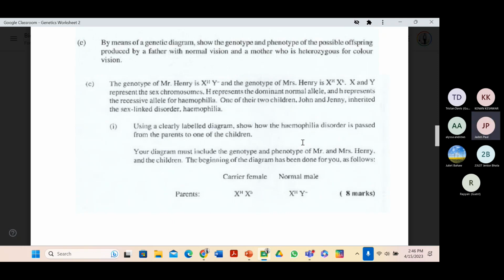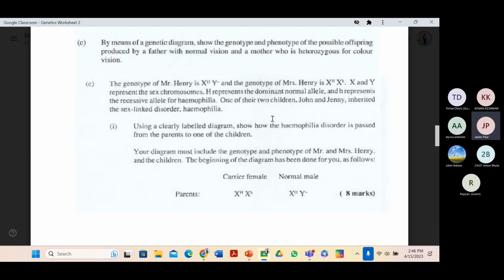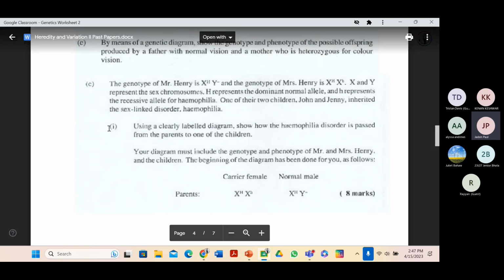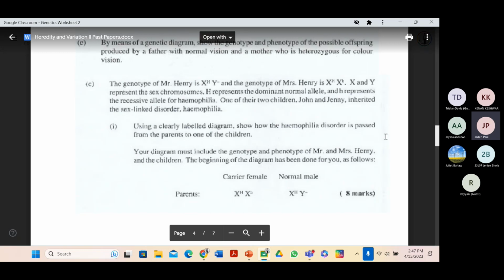H represents the dominant normal allele, and small h represents the recessive allele for hemophilia. One of their two children, John and Jenny, inherited the sex-linked disorder, hemophilia. Using a clearly labeled diagram, show how the hemophilia disorder is passed from the parents to one of the children. Your diagram must include the genotype and phenotype of Mr. and Mrs. Henry, and the children. The beginning of the diagram has been done for you as follows.